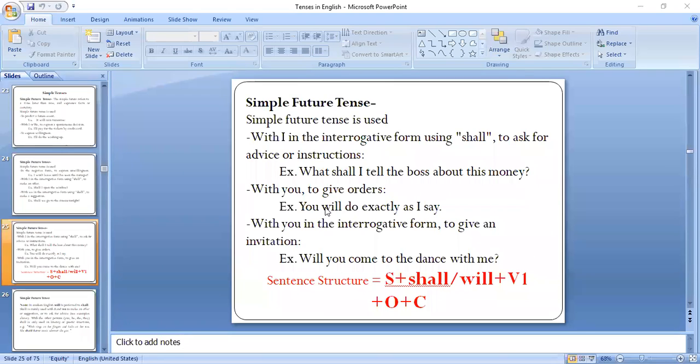After you we have used here will as the pronoun. Okay, you will do exactly as I say. So for expressing or for giving orders, generally we use will after you. Okay, you will do this task today itself.